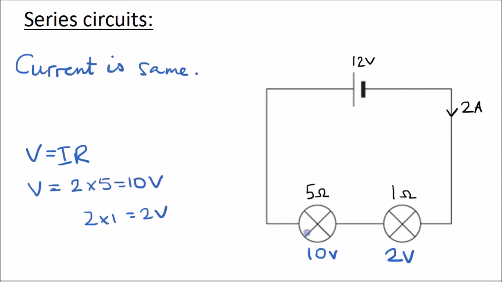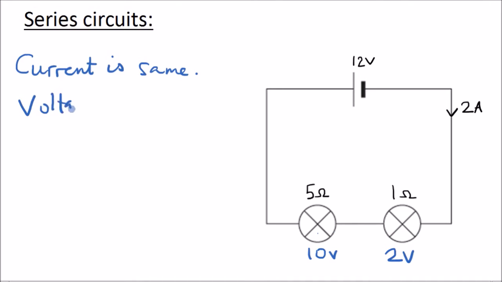So do you notice that the two voltages across these two lamps, 10 and 2, add up to the voltage of the battery, which is 12 volts. So we can say that the voltage from the battery is shared amongst the components in series. So voltage is shared.